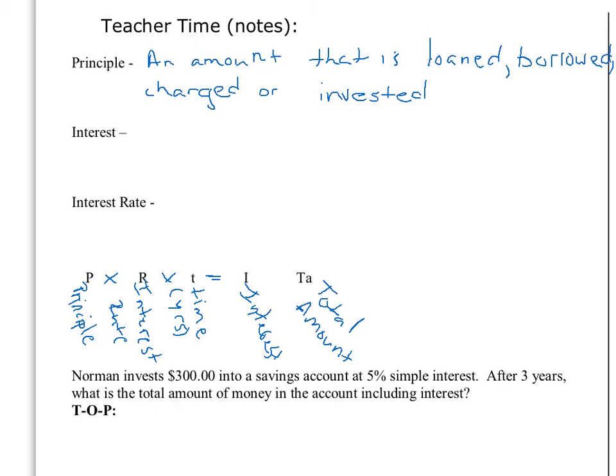So what happens every time that you loan someone money, or you let somebody borrow money, or you borrow money, or you charge money on a credit card, that's a service. You're saying, hey, can I borrow your money for a little bit? So that's a service.